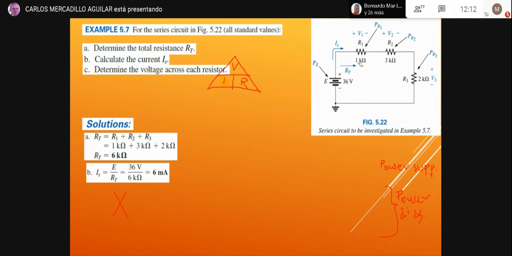It will be 6 volts, and this will be the triple, and this will be the double, because we multiply the same quantity times 1 kilo ohm, 3 kilo ohms, and 2 kilo ohms. And because we are using kilo ohms and milliamperes, we will obtain volts.